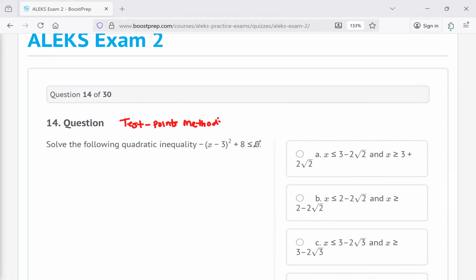make sure one side is 0. It is, right? Double check.